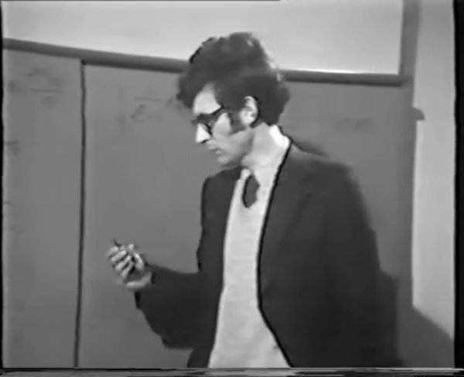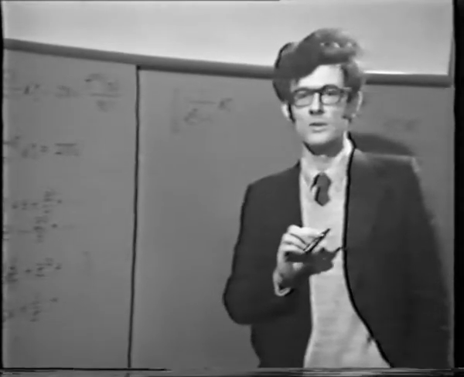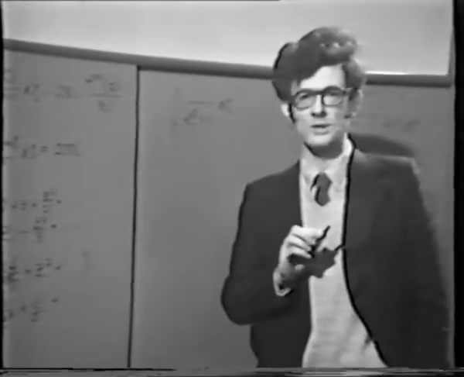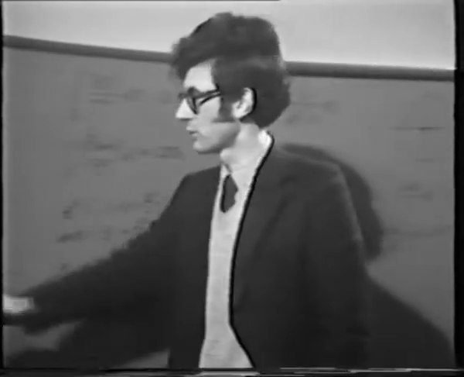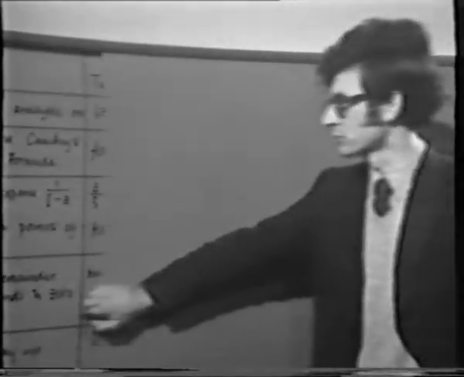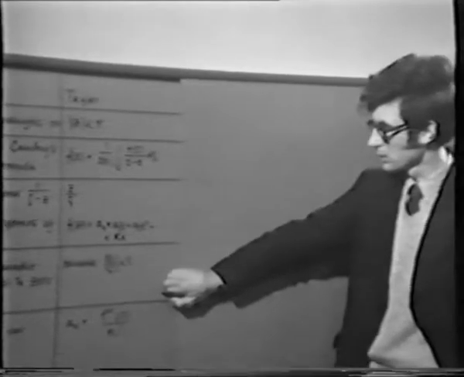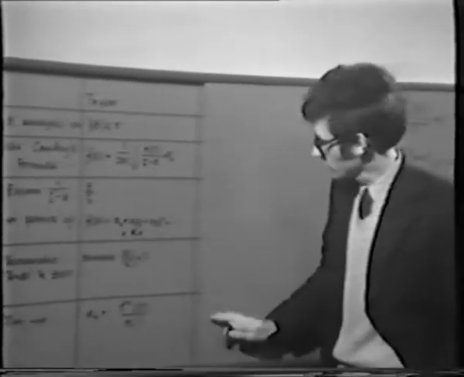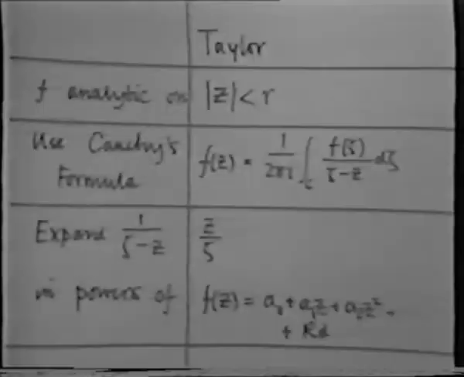So the proof of Laurent's theorem is in fact rather similar in lots of ways to the proof of Taylor's theorem. And the first thing that I'd like to do is to remind you about the proof of Taylor's theorem.